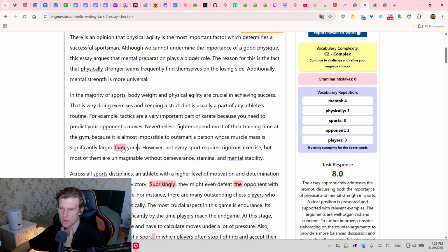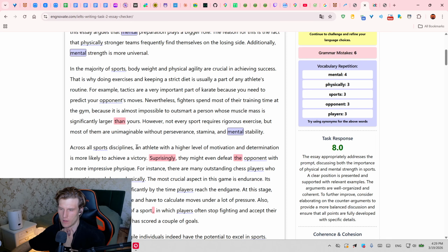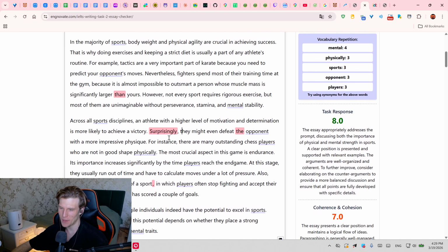Larger than yours. Perseverance, stamina, mental, okay. Yeah, that thing, also a typo.